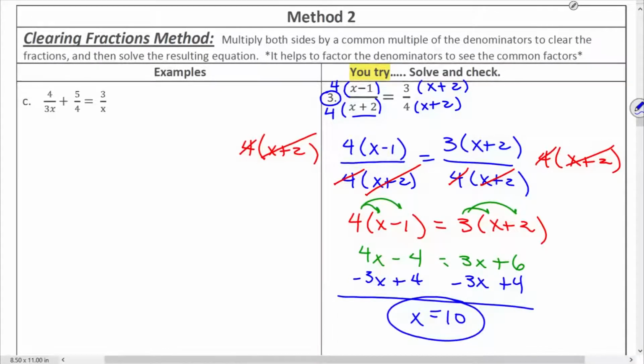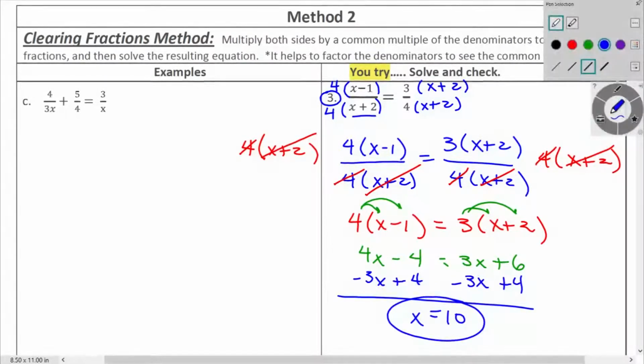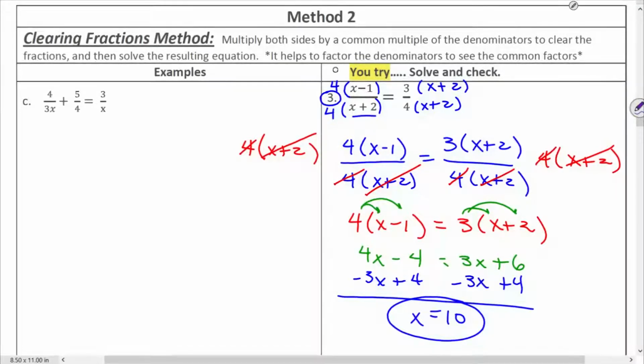Now this is a little bit different than the equating numerators method because I'm now multiplying by the common denominator. Once you get comfortable with this method, you could get to the point where from the very beginning you can multiply by 4 times x plus 2 and 4 times x plus 2, and then cross-cancel those.